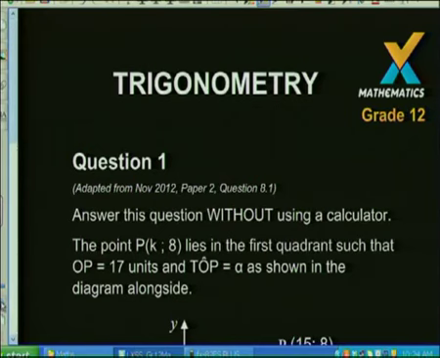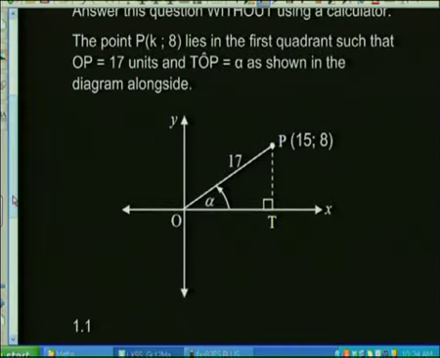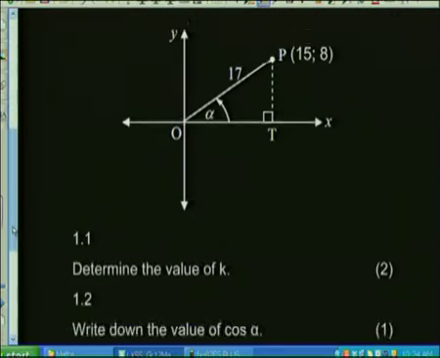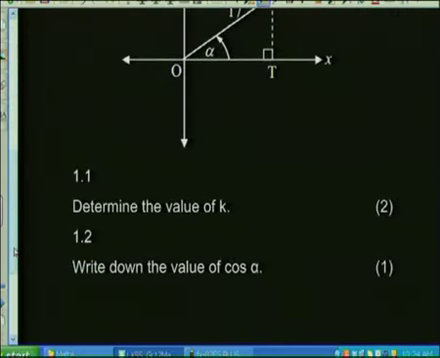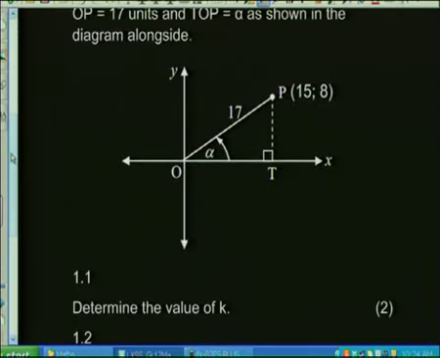Right, let's move on to the next question. 1.2 requests that we write down the value of cos alpha. Now I want you to take note that we have now gone and put the value in.